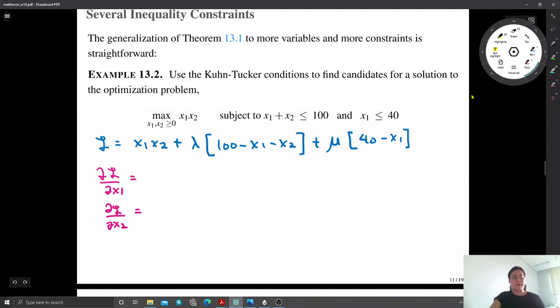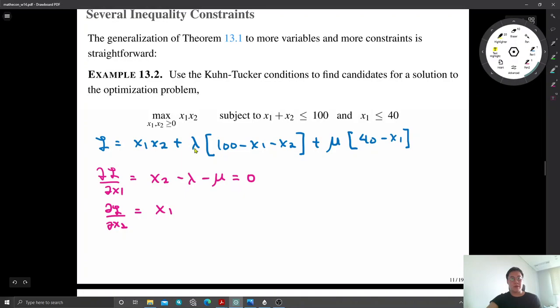And with respect to x1, we obtain first x2, and then we obtain minus lambda. Okay? And I have one more x1 here, so I obtain negative mu, and set it equal to 0. And with respect to x2, I obtain x1 from the first term, and minus 1 here.